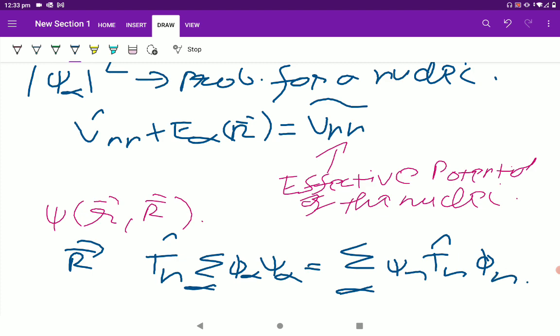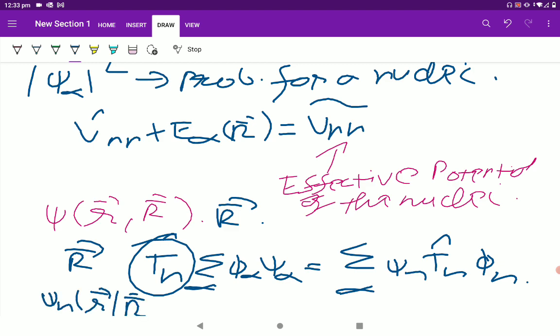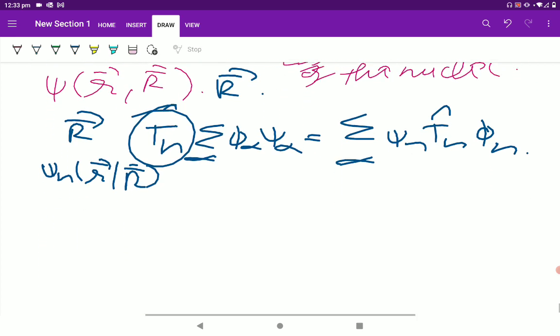It is observed from this equation that this operator acts only on phi n, that is the nuclear wave function, not on the electronic wave function, psi n. The electronic wave function psi n depends on r vector, but also parametrically depends on the capital R vector. So psi n is a function of both small r vector and capital R vector. So the above equation is not true because Tn acts also on psi n.